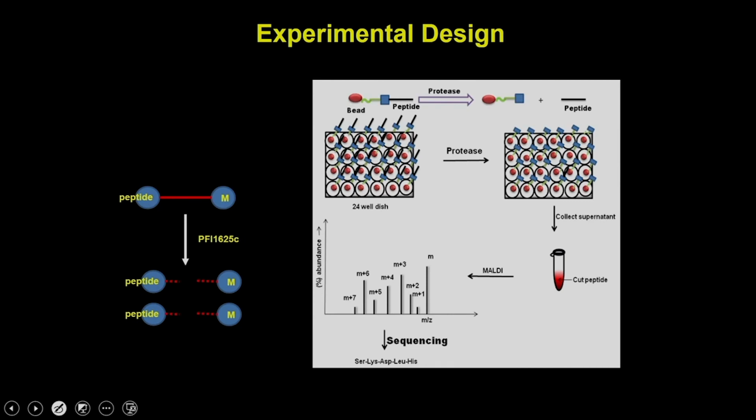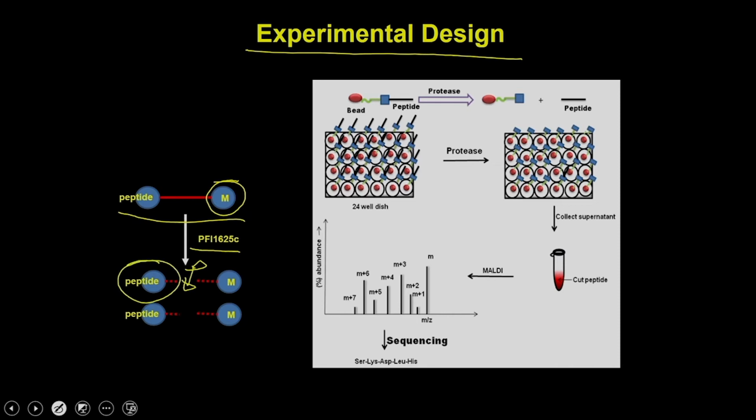Now, what is the experimental design? In the experimental design, you first produce the peptides and couple them to the matrix. If you incubate these with PFI 1625C, it is going to break the peptide into 2 fragments. One fragment will go along with the peptide fragment, and the other fragment is also going to be present along with the matrix site.